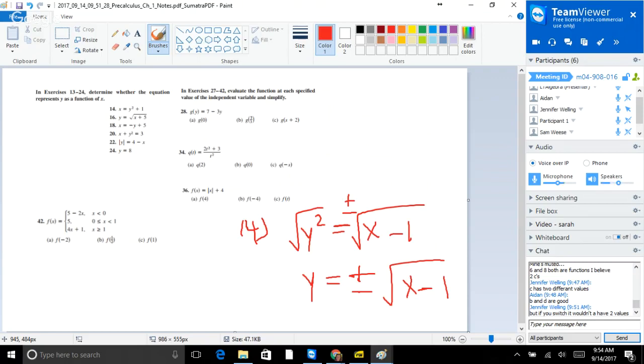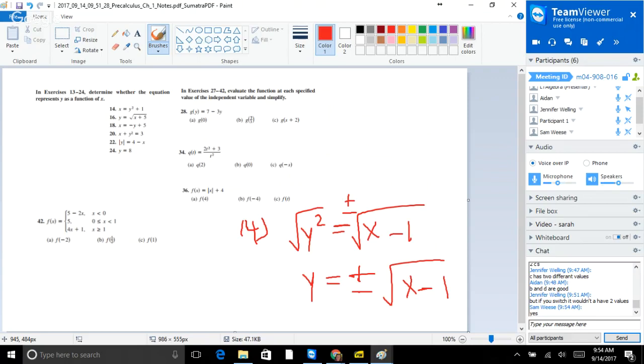So now that I look at it like this, is this equation a function? If I put in x equals 1, 1 minus 1 is 0. That's a bad example, so let's put in something easier. Let's put in x equals 10, right? 10 minus 1 is 9. Square root of 9 is 3.